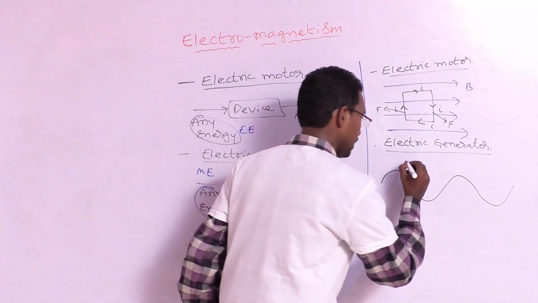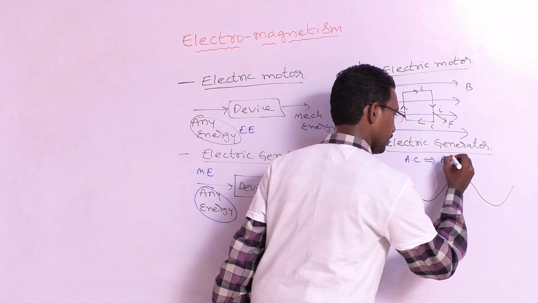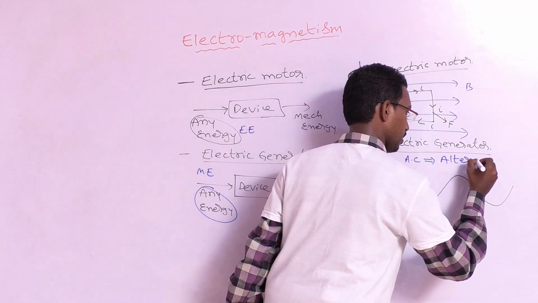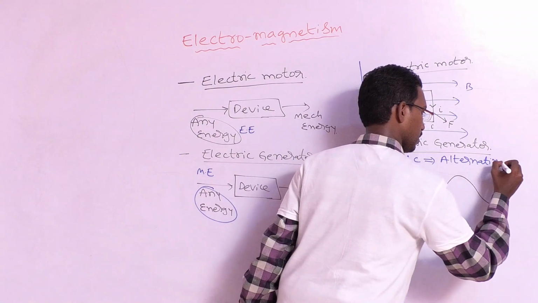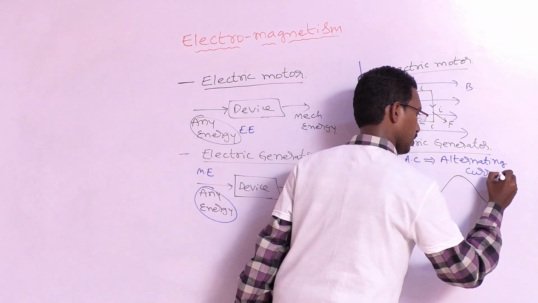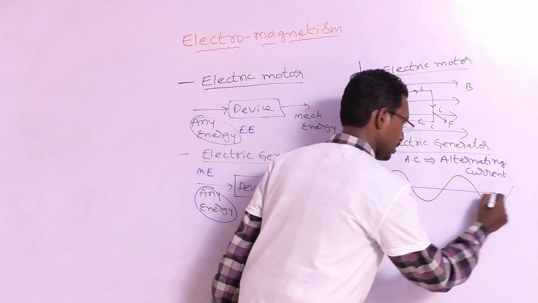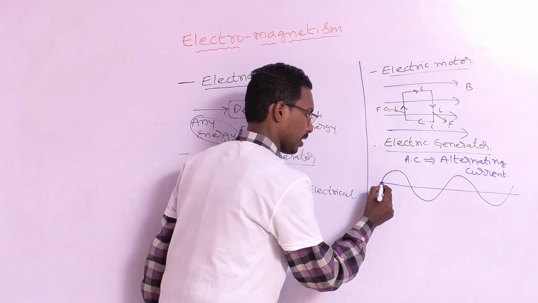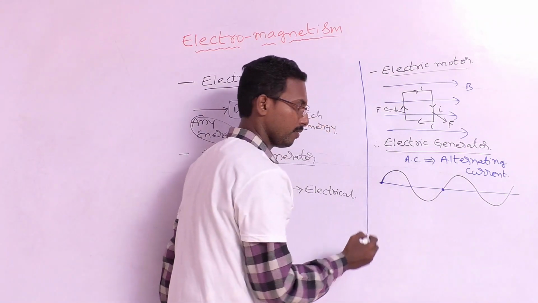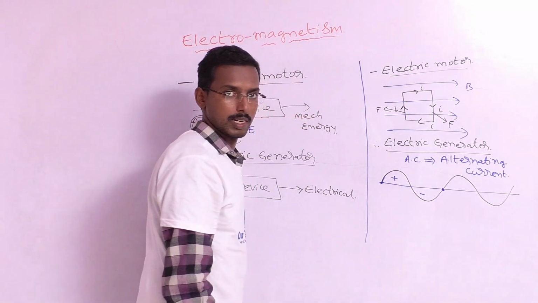AC means alternating current. In this AC current, if you see here, this is known as a cycle. From here to here it is called one cycle. We have two sub cycles here: first a positive cycle and second a negative cycle.